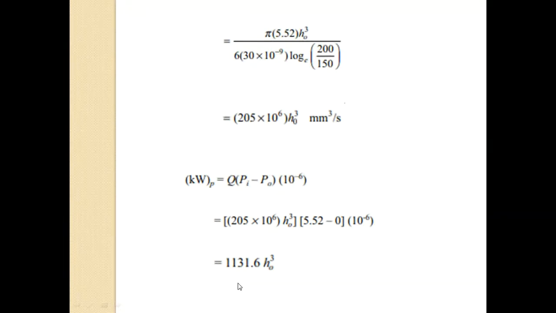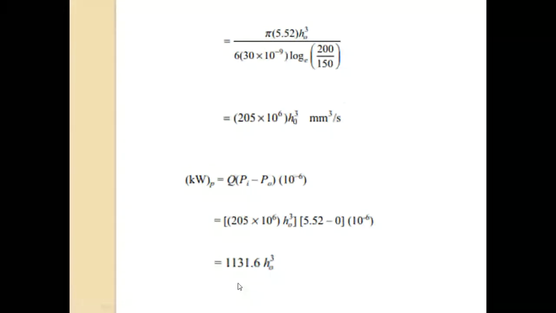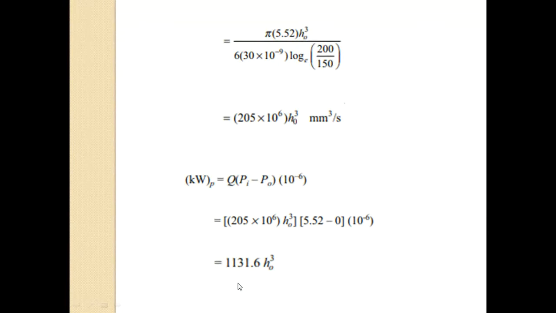Again, we got whatever power or energy required for the lubrication, or we can say pumping of this lubricating oil, in terms of film thickness H naught. Consider this equation as A. Next term is Kw of F.